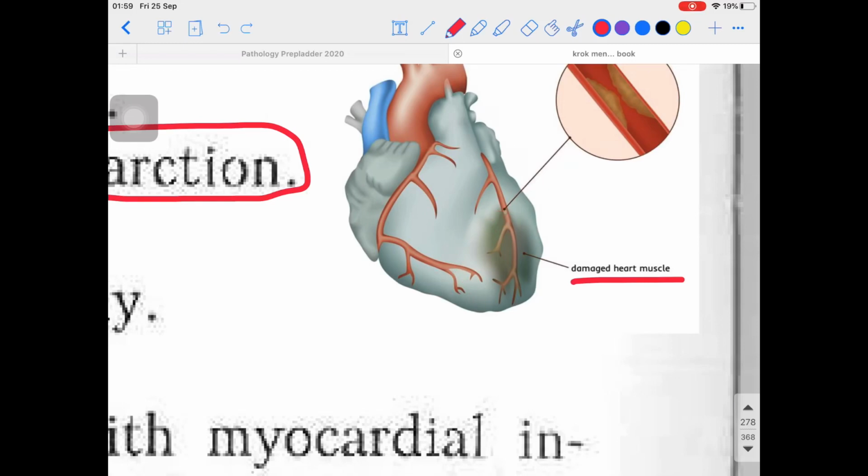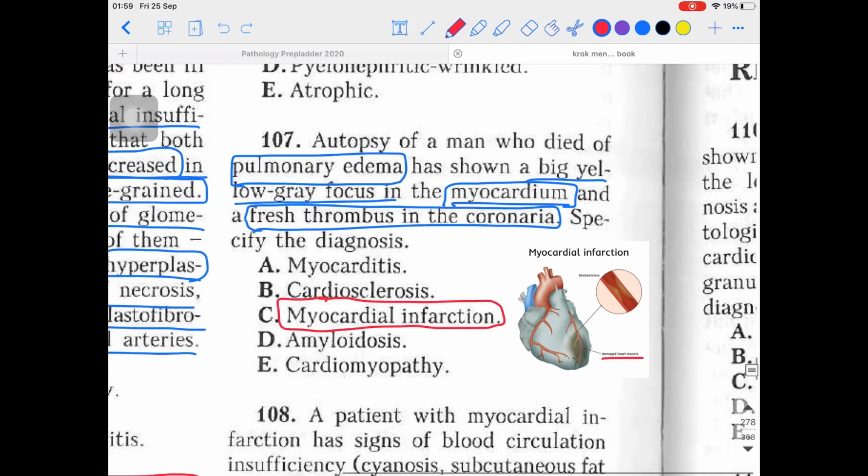By the way, why will there be pulmonary edema in this case, guys? Very easy to understand. If there is a myocardial infarction, blood will not be able to come out from the left ventricle, which means the heart will not be able to pump the blood. If there is no pumping of the blood, what will be happening?